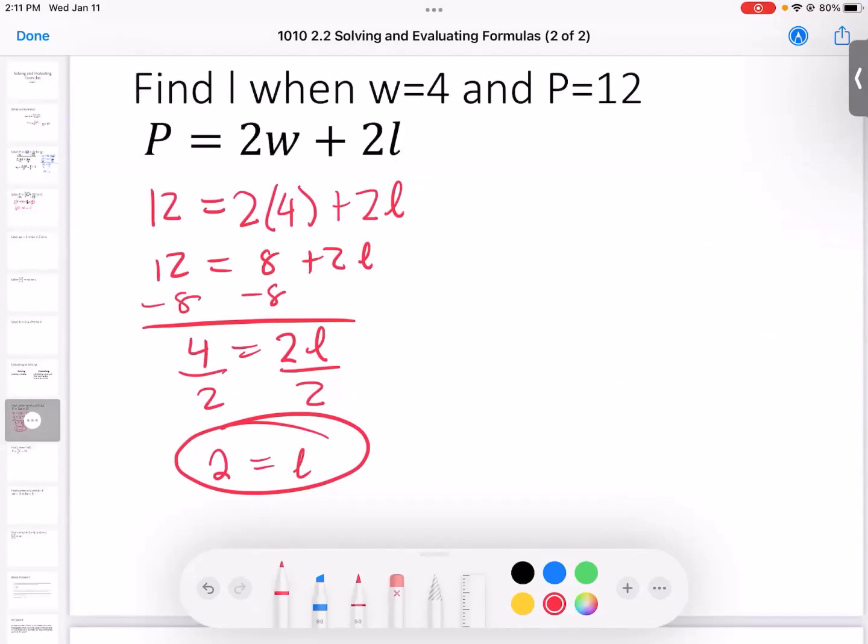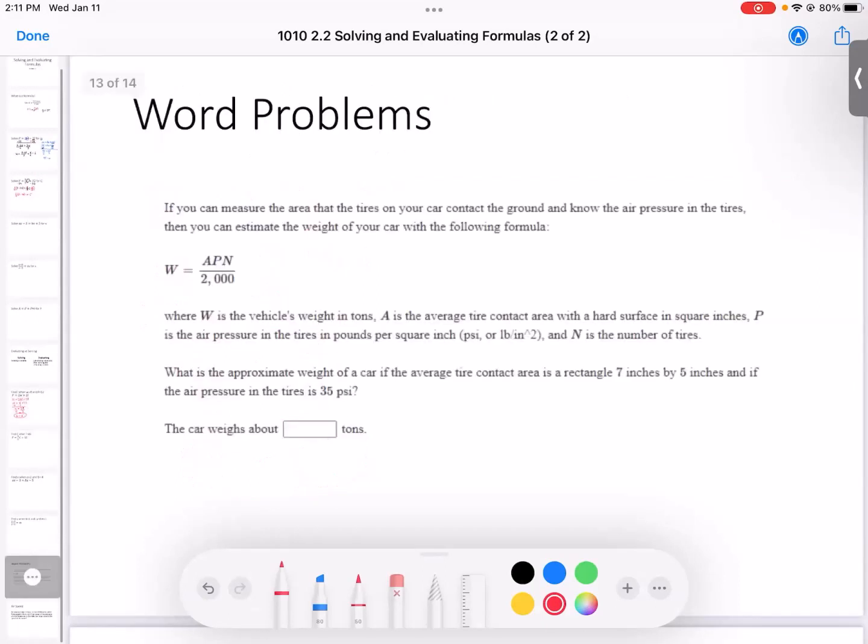So the last thing I want to talk about is word problems. In this class, if you have a word problem in an assignment, it's related to the unit that it's in. So in this case, the point of the word problem is going to be related to using formulas.